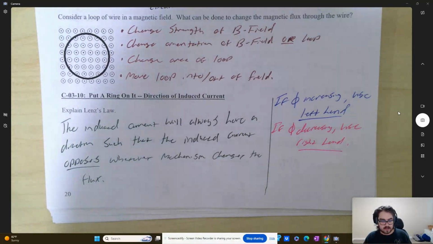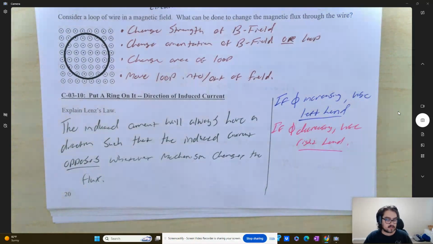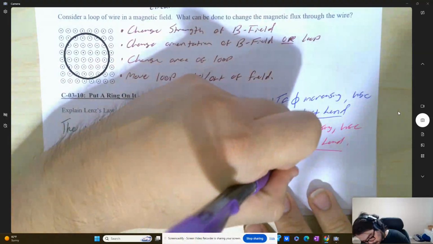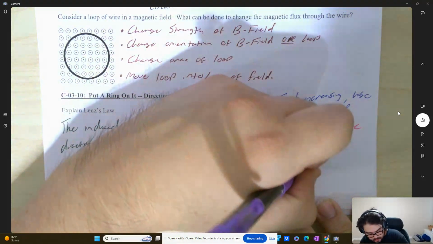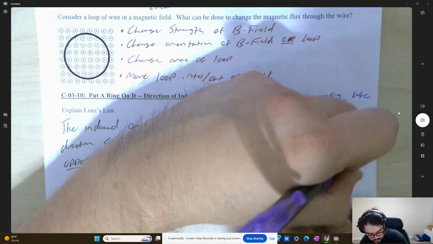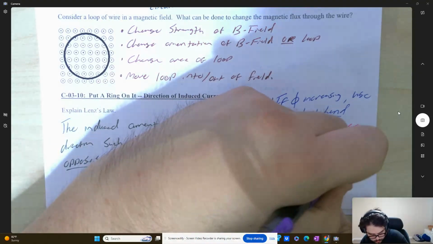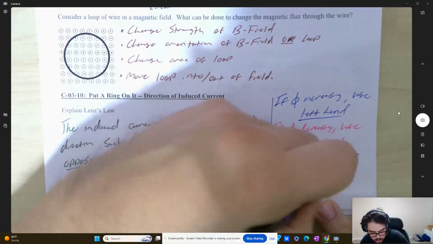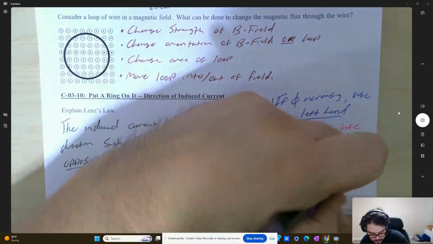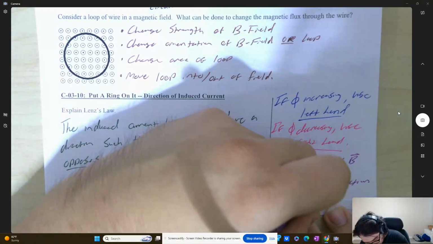And in general, this is another grasp rule, where your fingers curl around and your thumb points. So your thumb is in the direction of the B field through the loop, and then your fingers curl in the direction of the induced current.